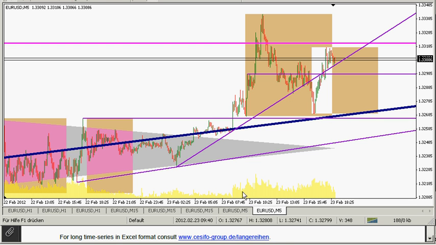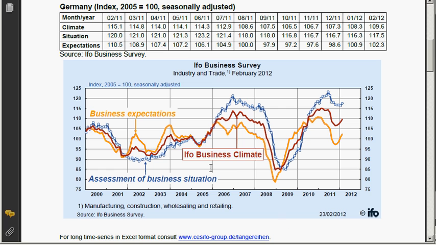Okay, we've got here the IFO business climate, the expectations climate, and business situation, all recovered a little bit, so pretty in line. You get the data at CESifo-group.de.